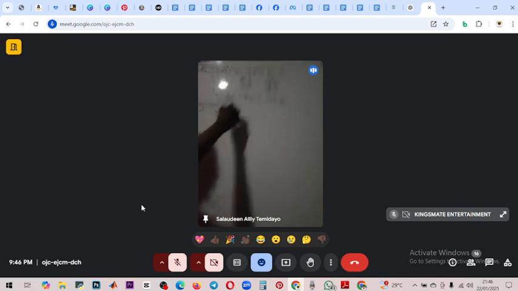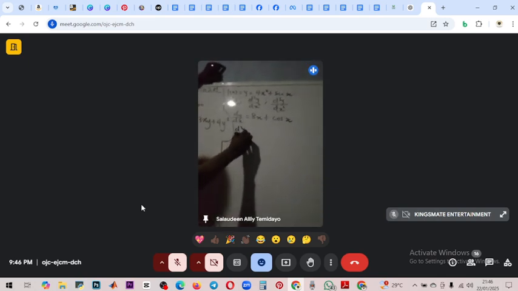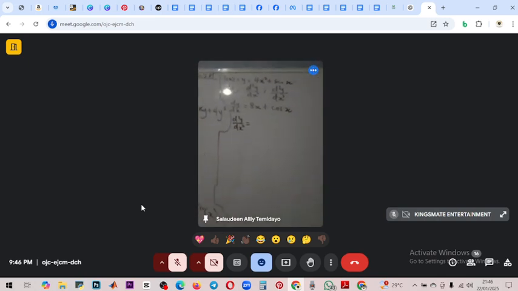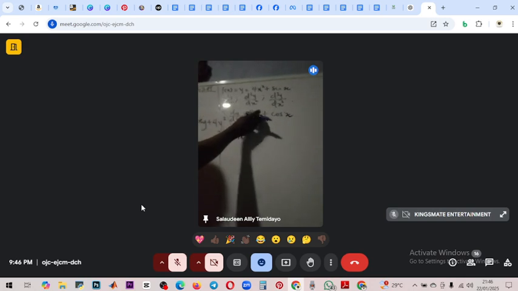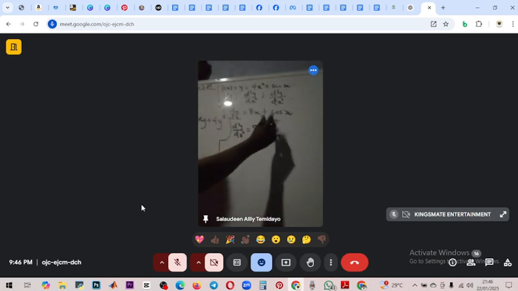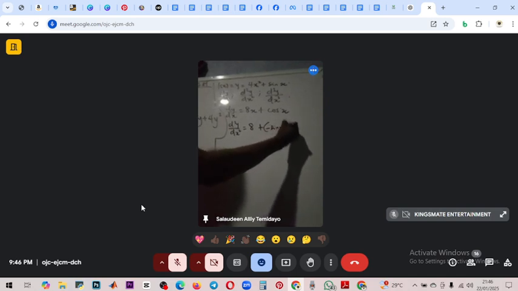Now, d squared y by dx squared means the second derivative. So differentiate 8x, that is 8, plus differentiate cosine x, that is minus sine x.